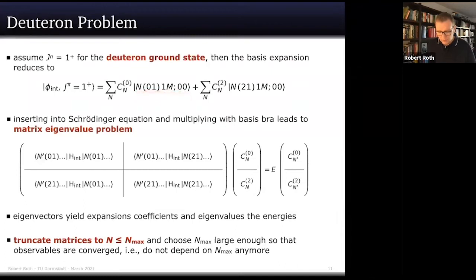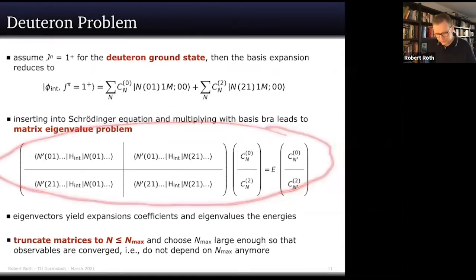So that means you go from your Hamilton operator, this Dirac notation representation independent form, into a real matrix form for your eigenvalue problem. And if you do that, so plug this in and multiply from the left with all kinds of bra states with this structure, both for the S wave and the D wave part, then you end up with a matrix eigenvalue problem of this structure.